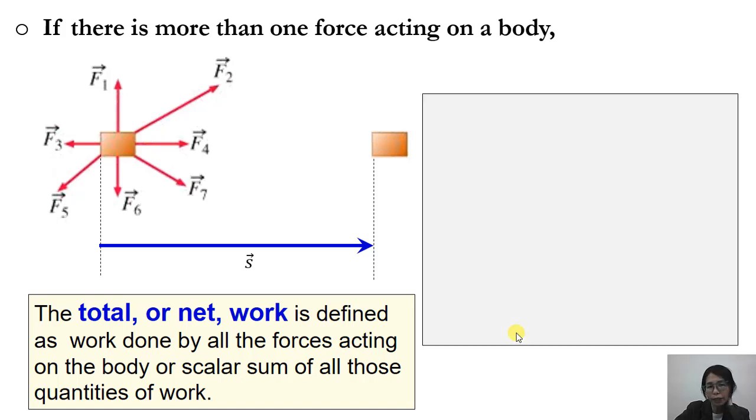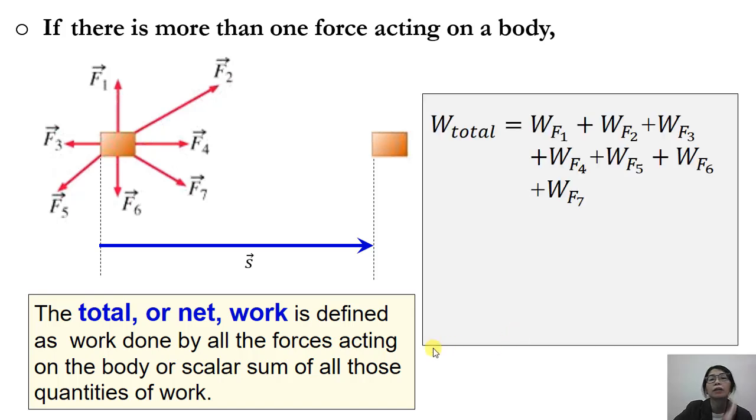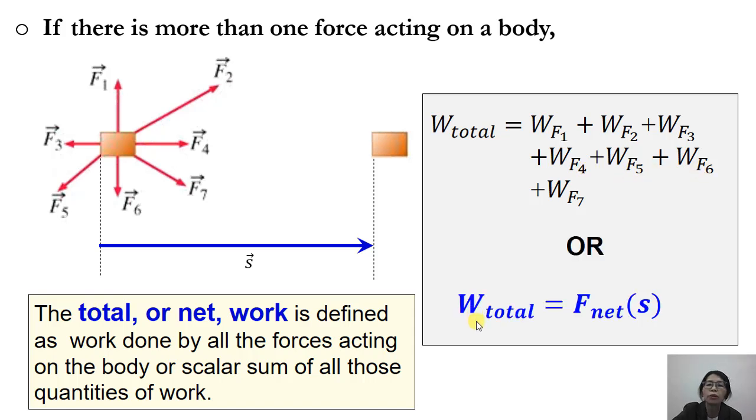For example, for this situation, the total work done will be the work done by the first force plus the work done by the second force plus the third force, fourth, fifth, sixth and seventh. The total work done can also be calculated by calculating the net force acting on the object and then multiplying it with the displacement vector.